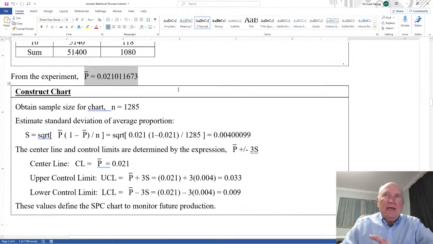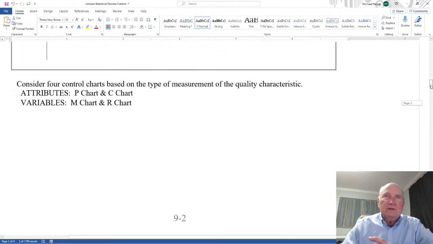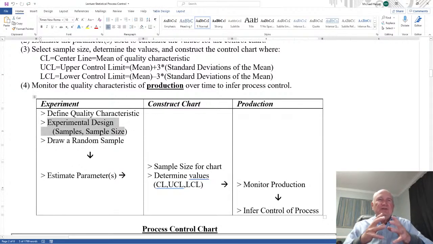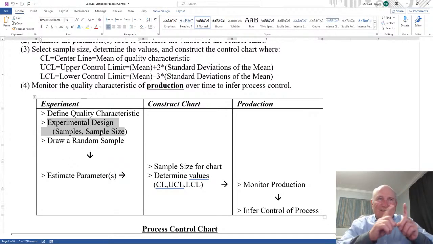Now let me back up here and review a little bit. This sample size was in the experiment. And the reason for that sample size, usually you take a sample size as large as you can, because the larger the sample size, the smaller the error in your estimate. And so that sample size is in the experiment to get a good estimate of your parameter.